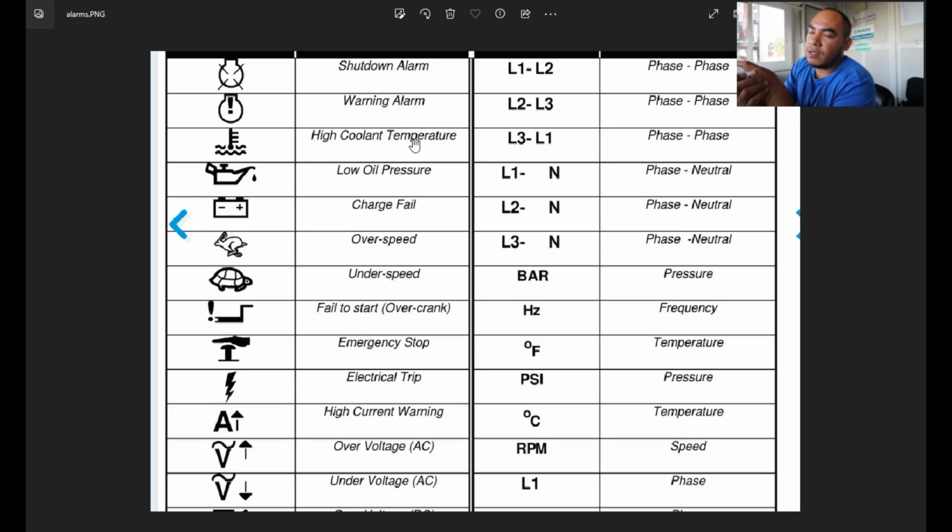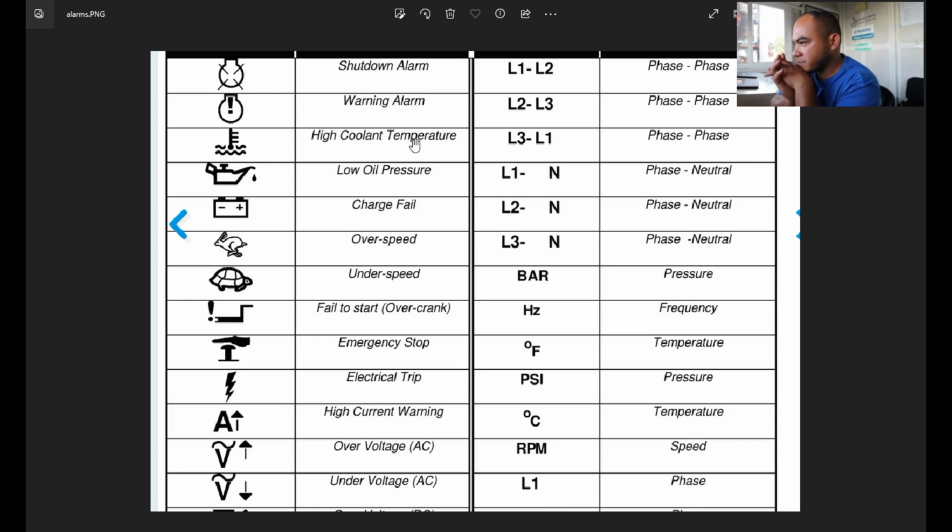Sometimes you have to look at the module to see if the connections are proper and correct. That is what you have to check in case you encounter these types of alarms.